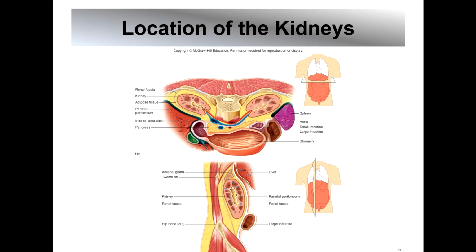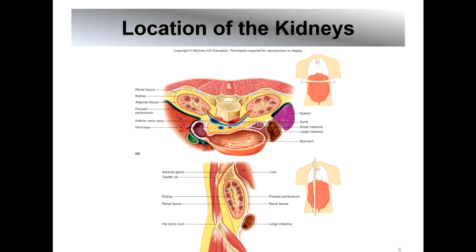All right, so here you can see a cross section of the kidneys. If you look in, you can see this space called the renal hilum, and the renal hilum is just a space that allows the blood vessels to enter the kidneys as well as allows the ureter to exit the kidney.